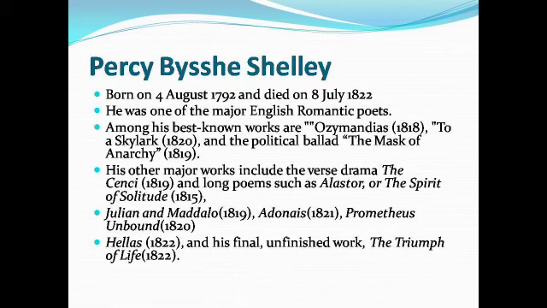P.B. Shelley was born on 4th August 1792 and died on 8th July 1822. He was one of the major English Romantic poets. Among his best-known works are Ozymandias 1818, To a Skylark 1820, and the political ballad The Mask of Anarchy 1819.